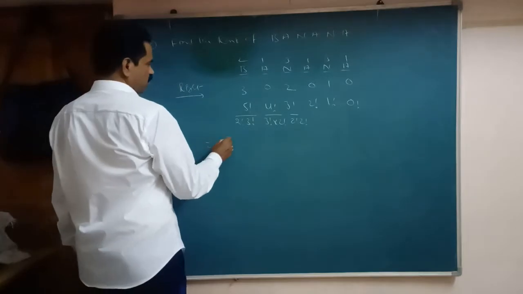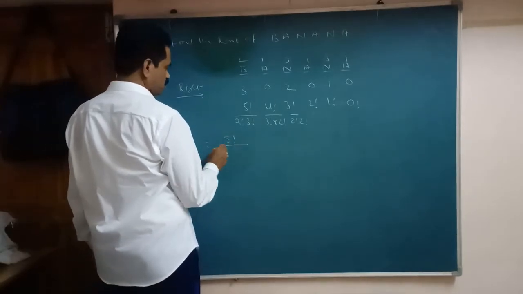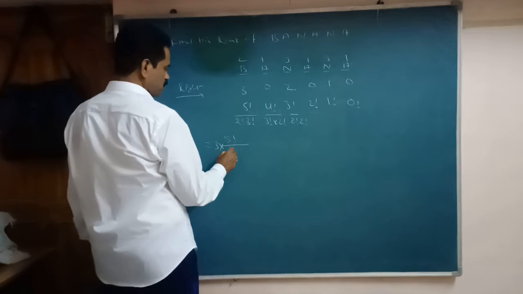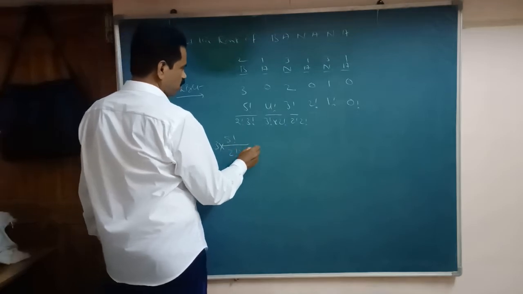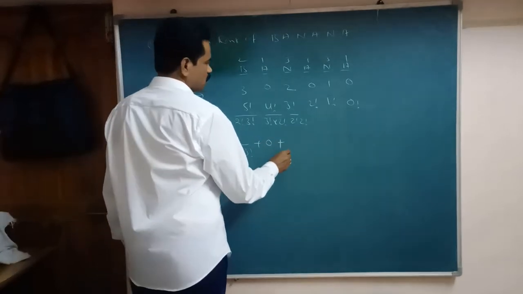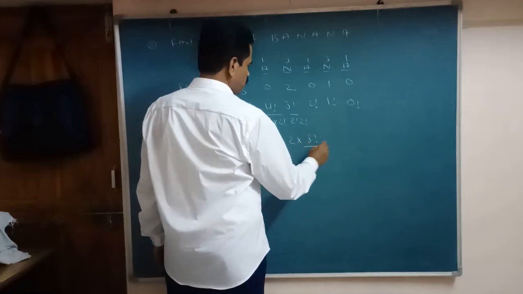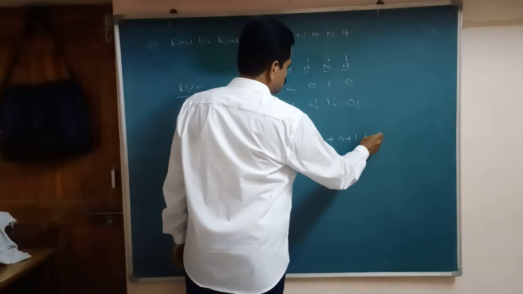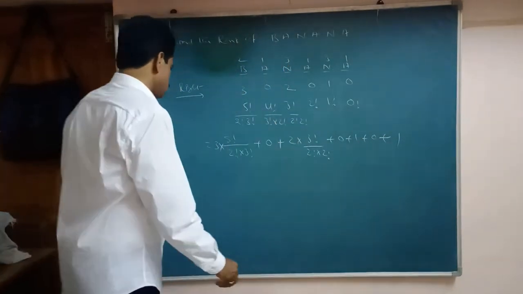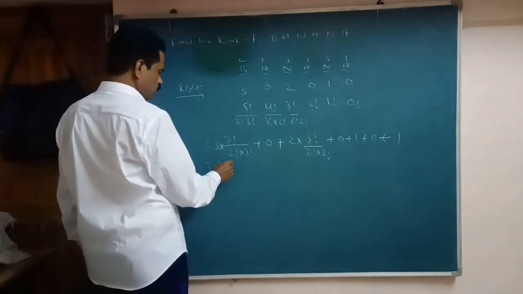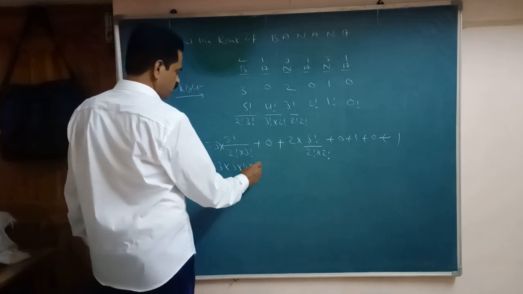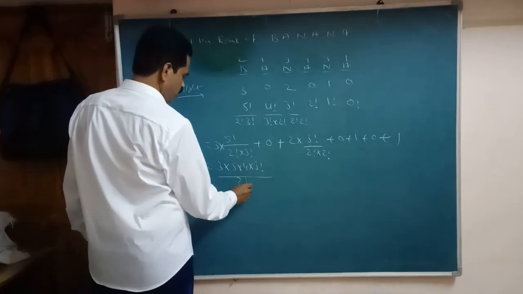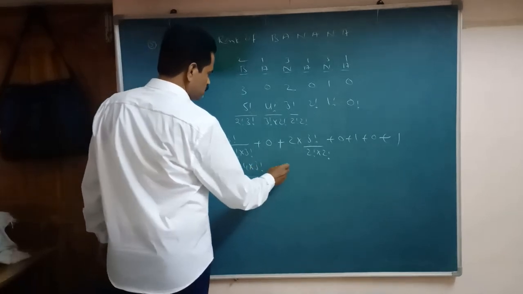So now multiply here: 5 factorial by 3 into 5 factorial by 2 factorial into 3 factorial, plus 0 and 0, 2 into 3 factorial by 2 factorial into 2 factorial, 0 plus 1 plus 0 plus 1. So that is 3 into 5 into 4 into 3 factorial by 2 factorial into 3 factorial plus 0.